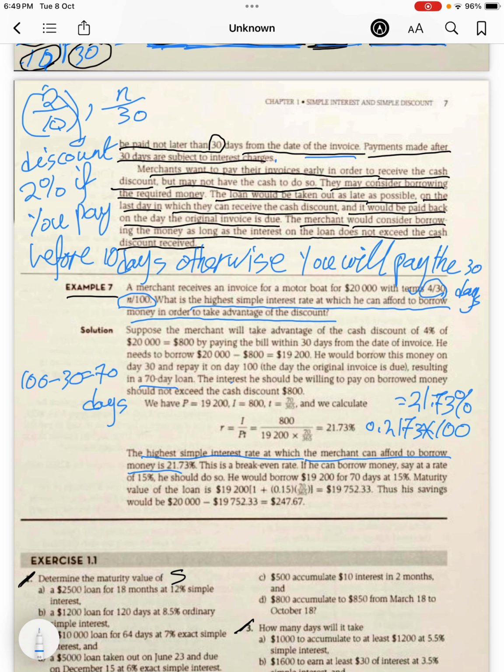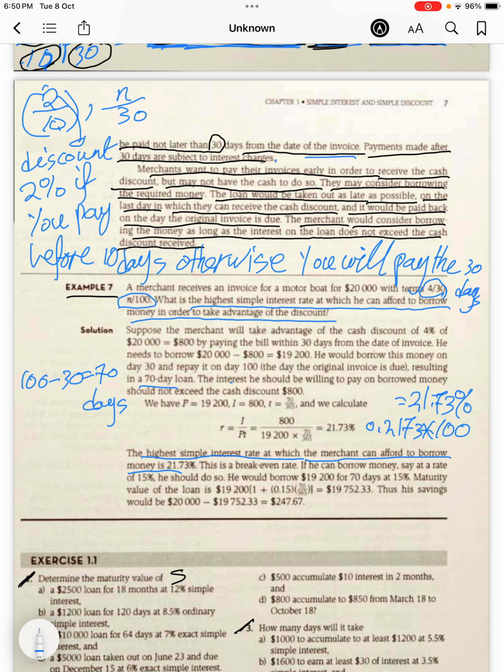If he can borrow money, say at the rate of 15%, he should do so. He would borrow 19,200 for 70 days at 15%. The maturity value of the loan will be 19,200 multiplied by 1 plus 0.15 multiplied by 70 over 365, which will be 19,752.33.